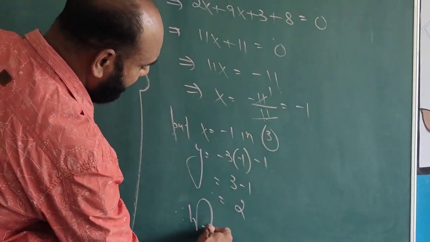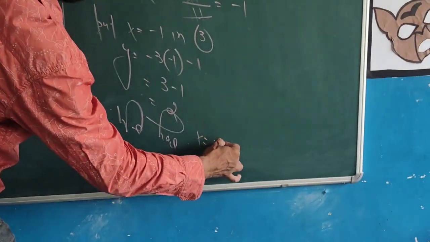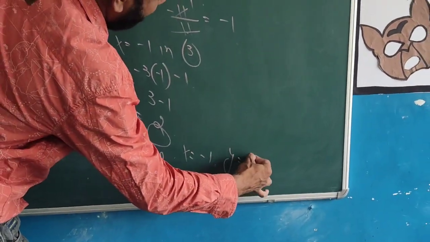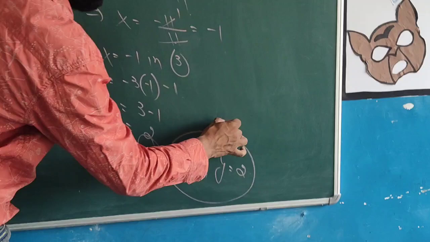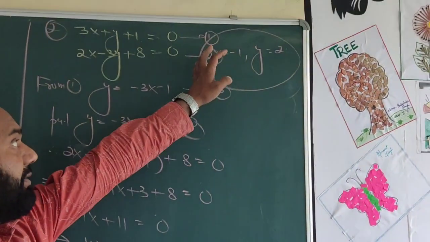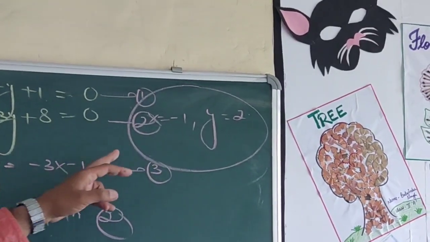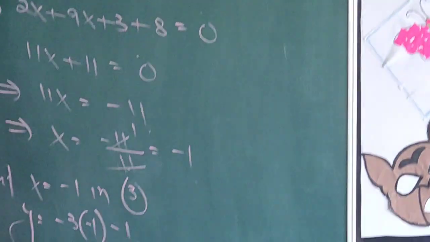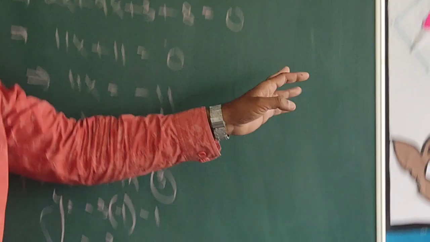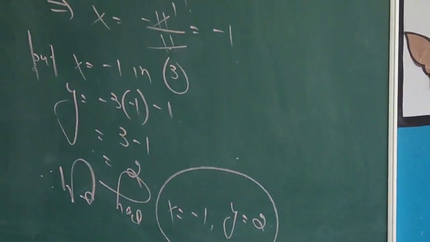Therefore, we have x equal to -1 and y equal to 2, and these are the same values which we found by the graphical method. By the graphical method, the value of x is -1, and here the value of x is -1, and the value of y is 2, and here the value of y is also 2.